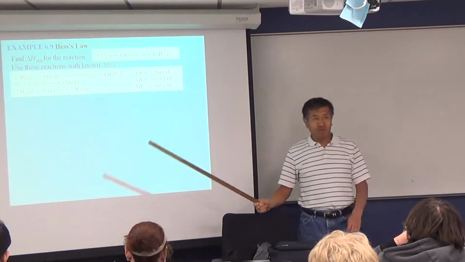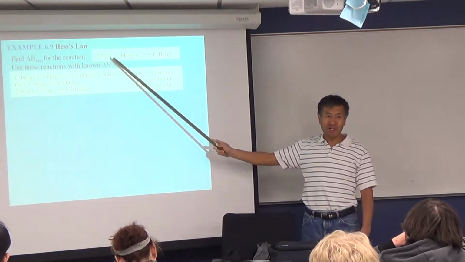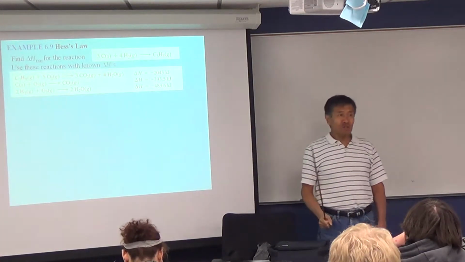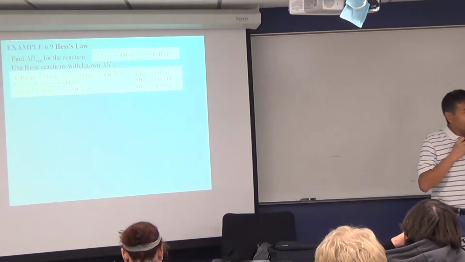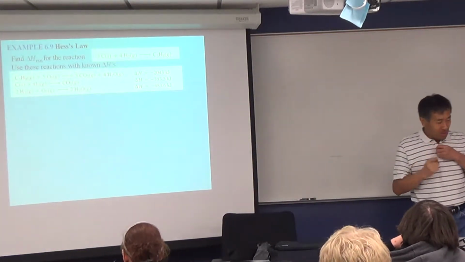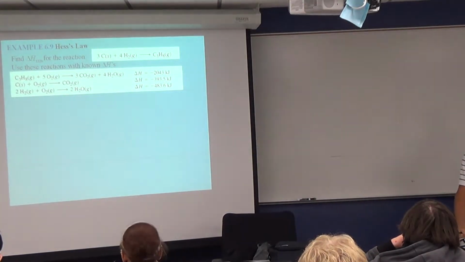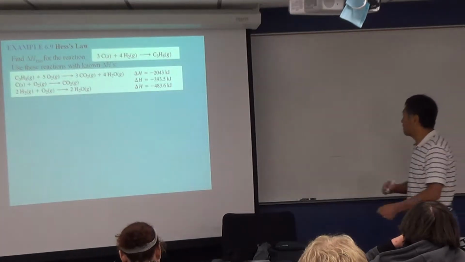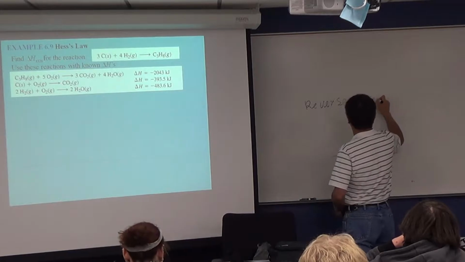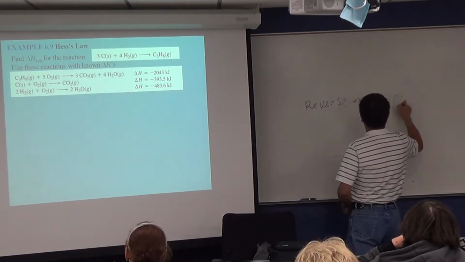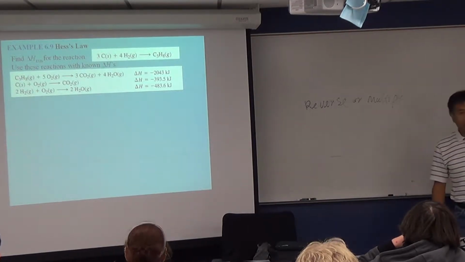In the last problem, it's very straightforward because you take these 3 reactions, add them together, and you get the equation on the top. Now this one you cannot get in that way. So you have to do some manipulation. Manipulation is either reverse or multiply. So these are the 2 operations of manipulation.